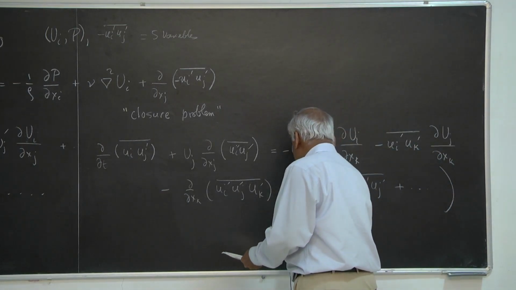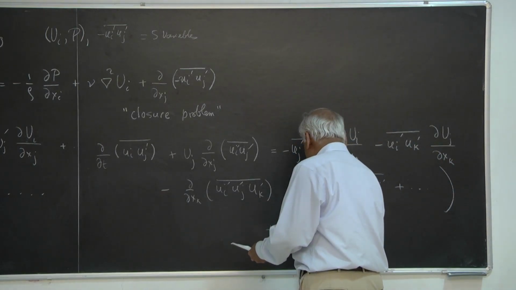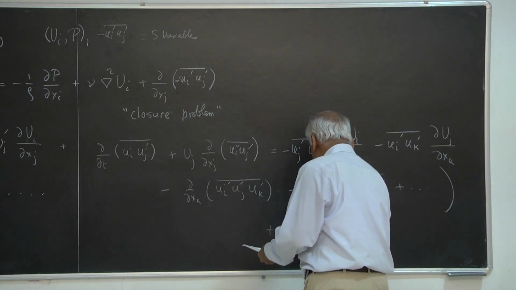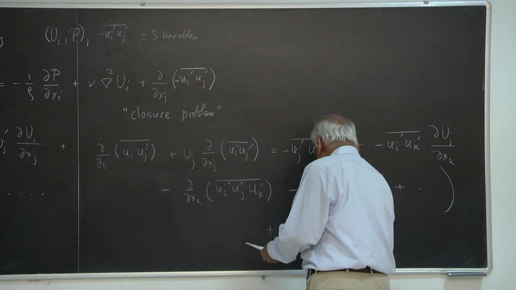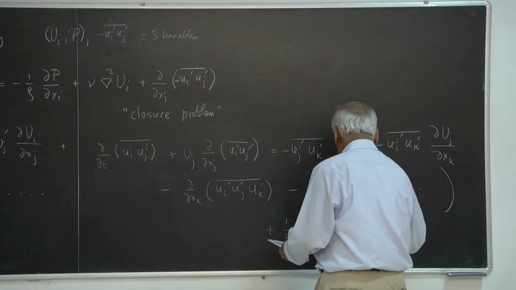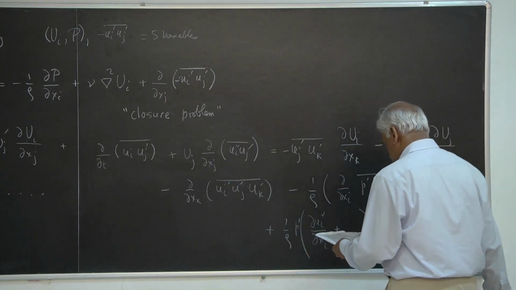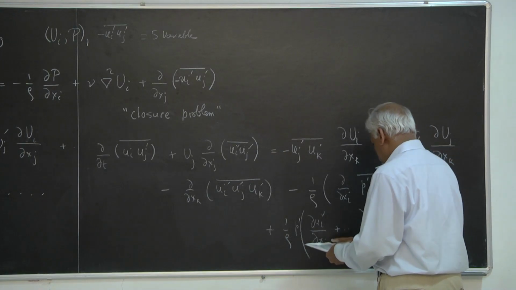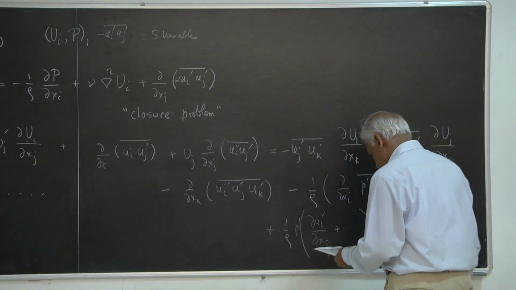And then I have 1 by rho of p prime times dui prime by dxj plus duj prime by dxi. So I have other things like that, okay?